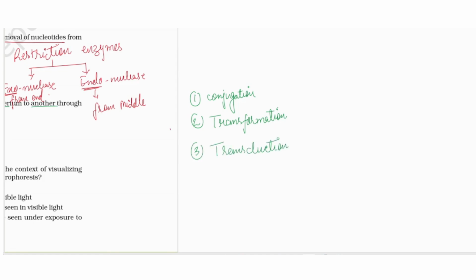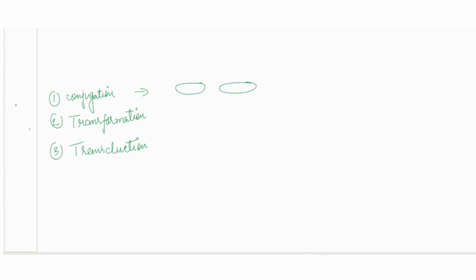In conjugation, what was happening is that between one cell and another cell a tube will be forming, like this. This is another cell, so this tube is known as a conjugation tube.